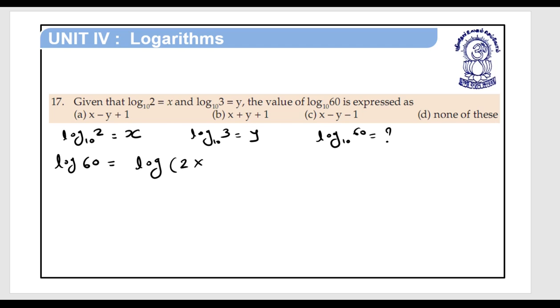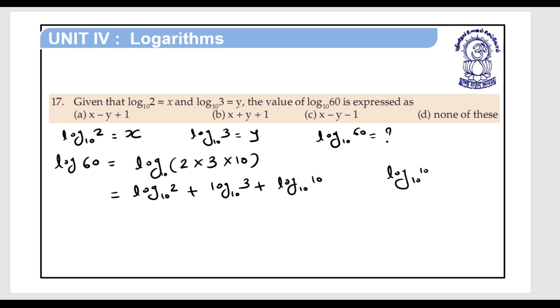So we can write 2 3s are 6 into 10 is equal to 60. So log 2 to the base 10 plus log 3 to the base 10 plus log 10 to the base 10. Log 10 to the base 10 is equal to 1.